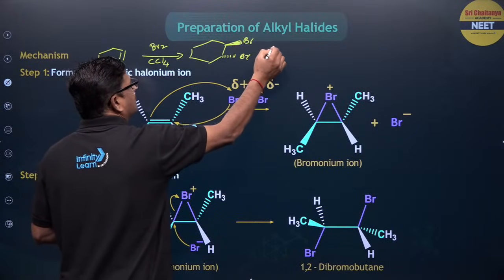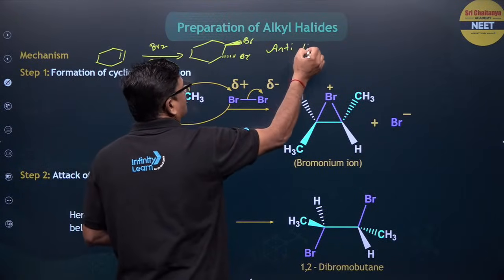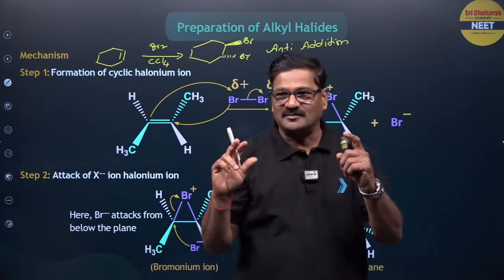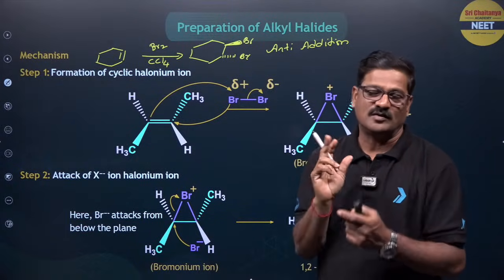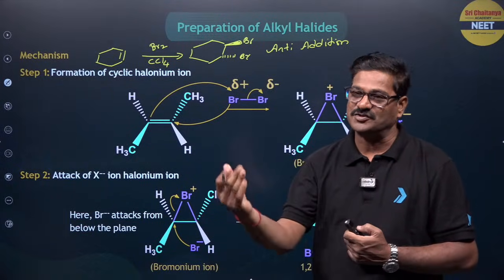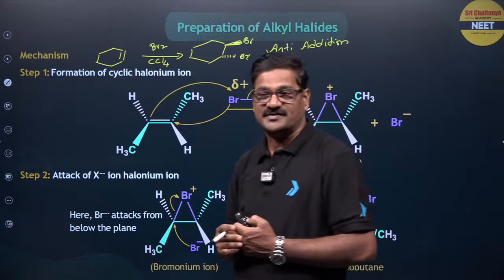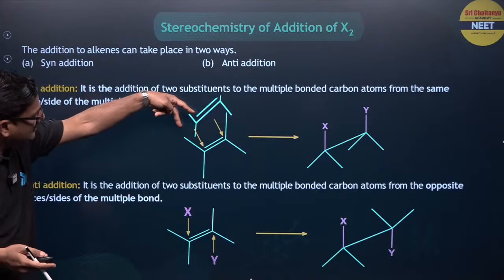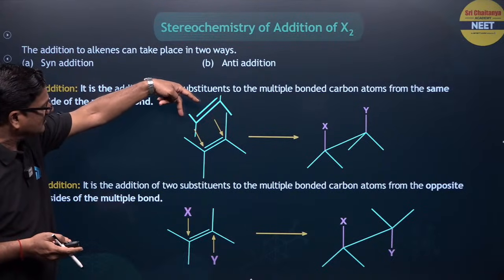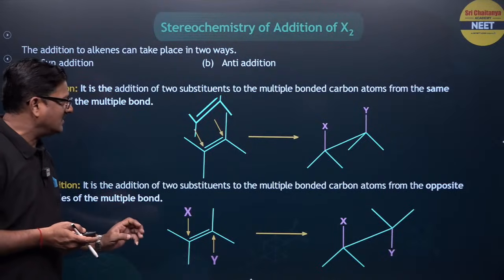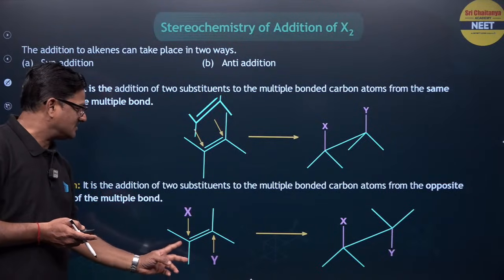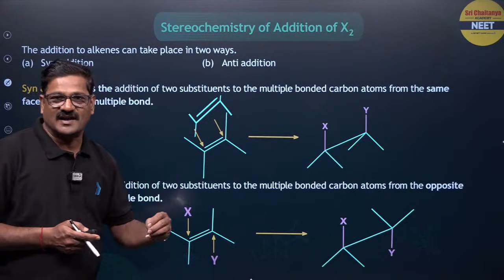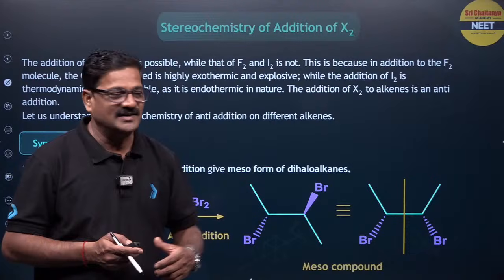This is said to be anti-addition: if the groups or atoms are attached on opposite sides of the double bond, it is anti-addition. It is stereospecific. Syn addition means you are adding something from one side of the double bond. Anti-addition means you are adding something from the opposite side of the double bond. Here the addition of the halogen is going to be anti-addition.